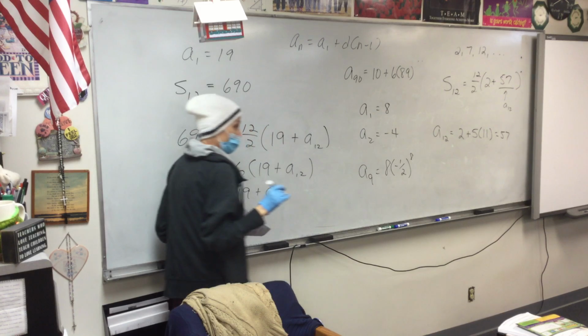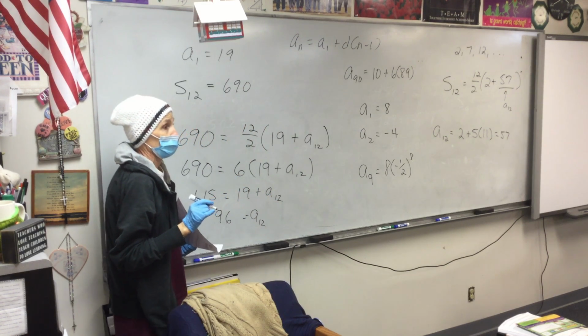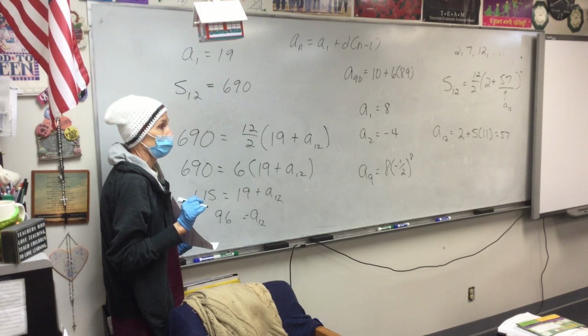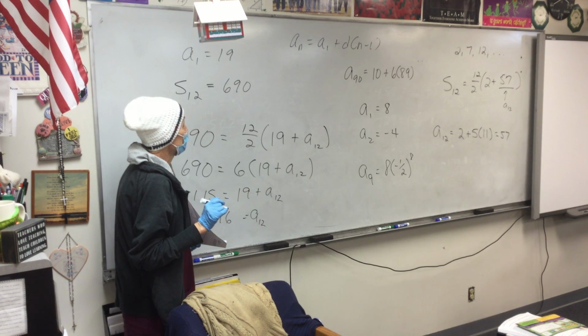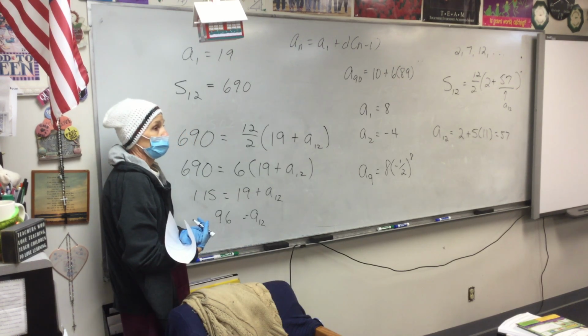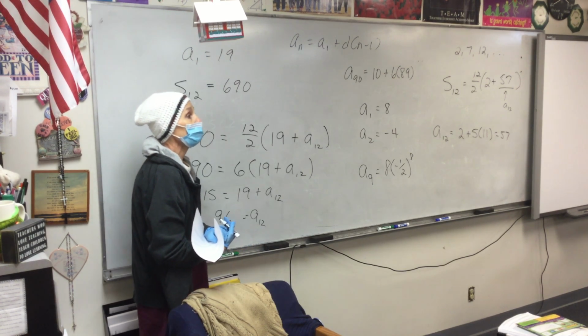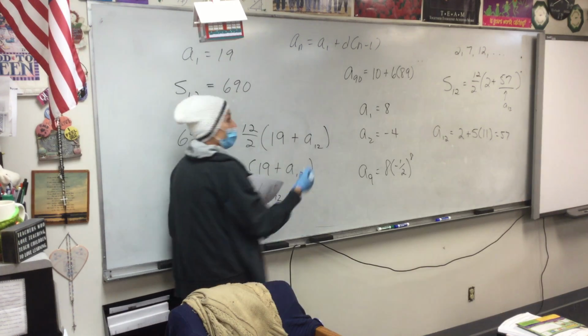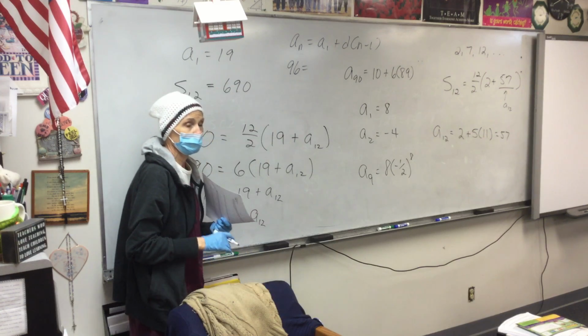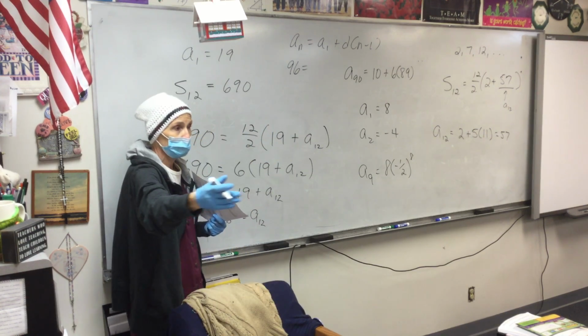So what are you going to put where? 96 equals. Exactly. You're going to put the 96 right here. That's the last term you're interested in. That's at the end of the line.